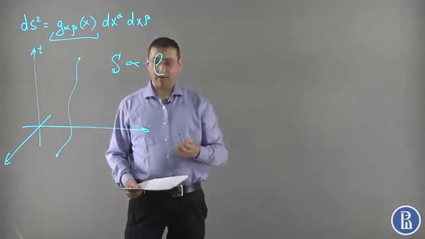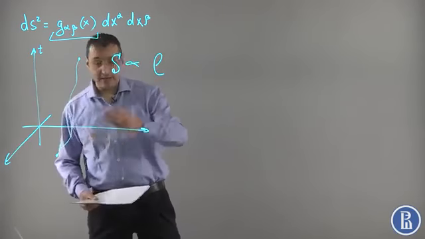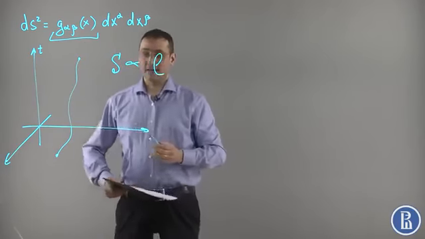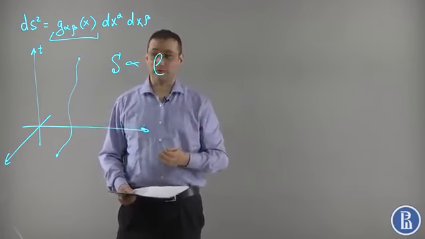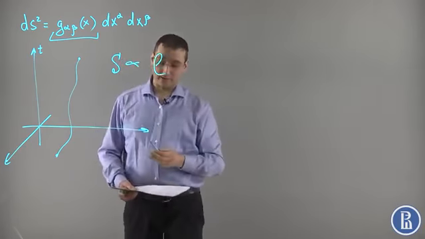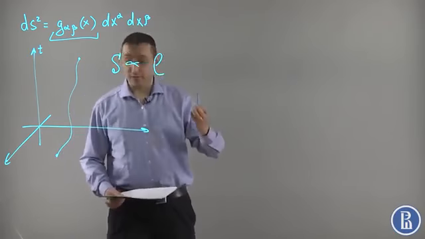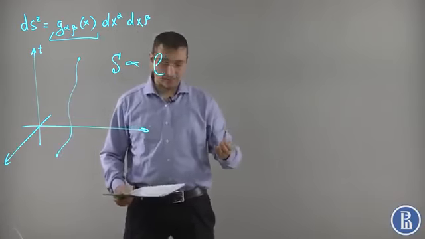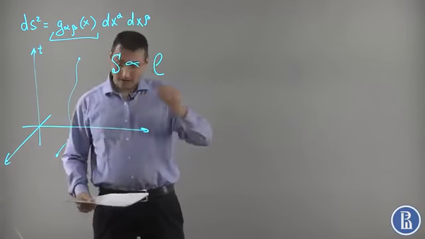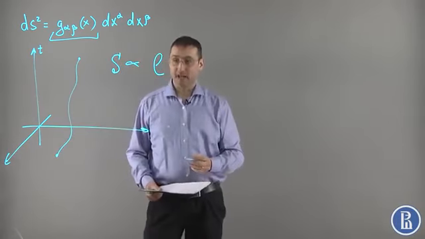Covariant means that they look the same in different coordinate systems. The reason is the principle of general covariance, which I have just explained to you. We want equations of motion which look the same in different coordinate systems.